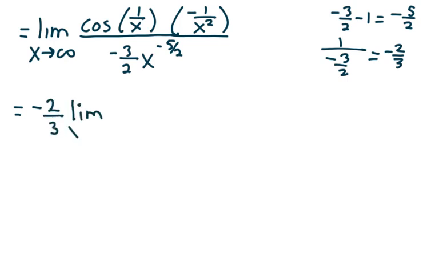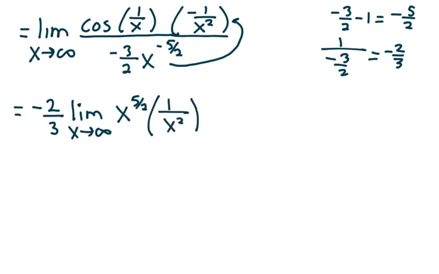So I'm going to take the limit as x goes to infinity here. Oh, well, I don't need the fraction anymore, because watch what I'm going to do. I'm going to move that x to negative 5 halves up in front. So I'm going to take x to the 5 halves times 1 over x squared. Make that negative, right? Cosine of 1 over x.